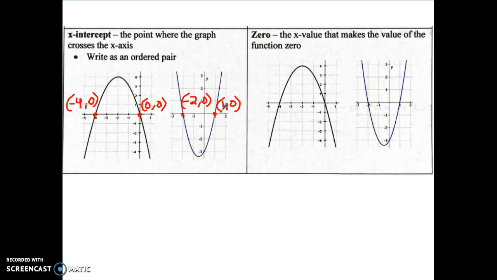Except it's written as x equals, because we're talking about what is the value of x when y equals 0. So you simply just list those numbers. So again, this is a 0 and this is a 0. So we will simply write that as -4 and 0. And over here, -2 and 1.